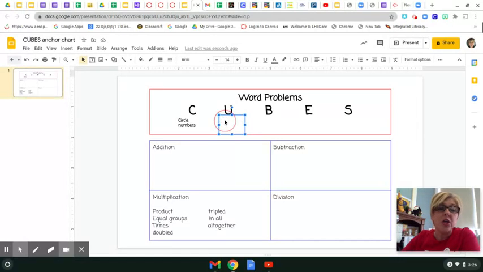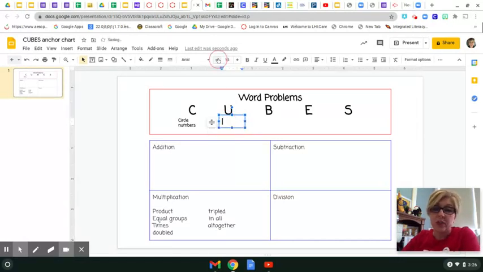Okay? The U. And I know when we were in person those few weeks, we did a little bit of this in my class. U means to underline. We're going to underline the question in our story problem.